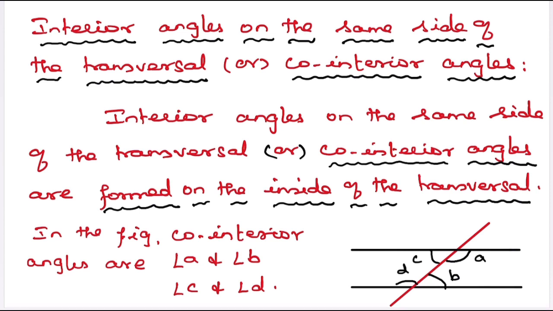That is, the pairs of angles on one side of the transversal but inside the two lines are called consecutive interior angles or co-interior angles. That is, they are on one side and also inside the two parallel lines. For example, in this figure, co-interior angles are angle A and angle B, angle C and angle D.